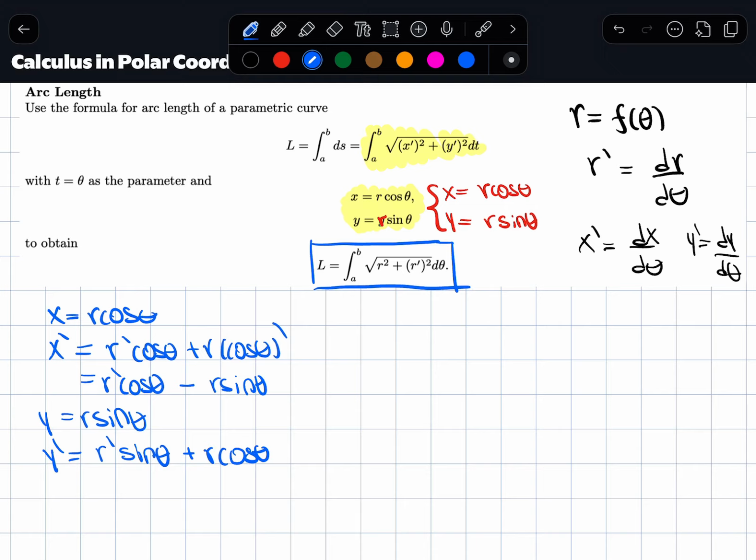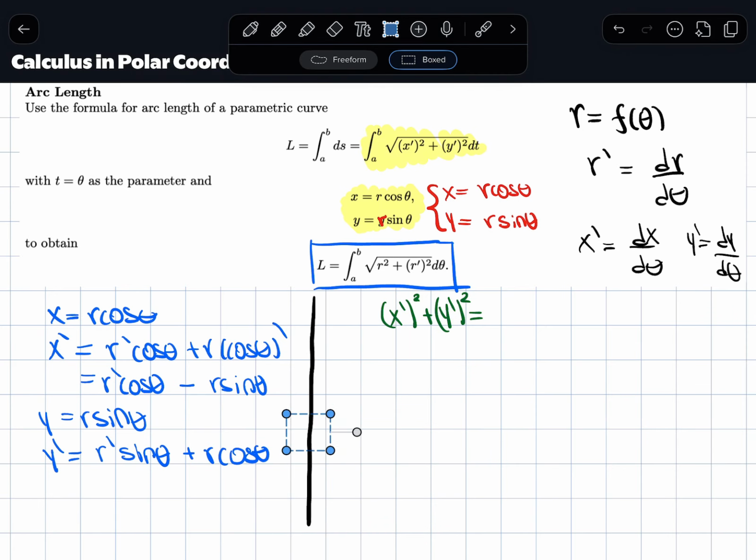So now I gotta go back into this formula and calculate x prime squared plus y prime squared. I'm gonna do this on the right side here. So x prime squared plus y prime squared. I'm not sure if this is all gonna fit in here, but I'll try. There's not a lot of space here.